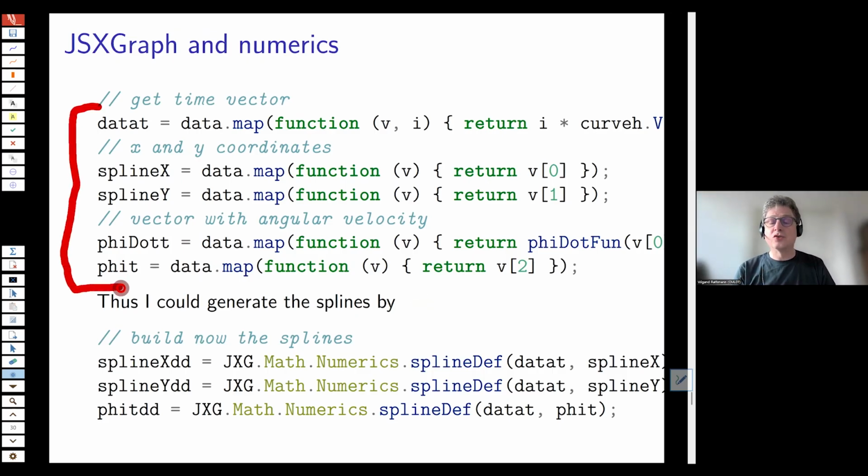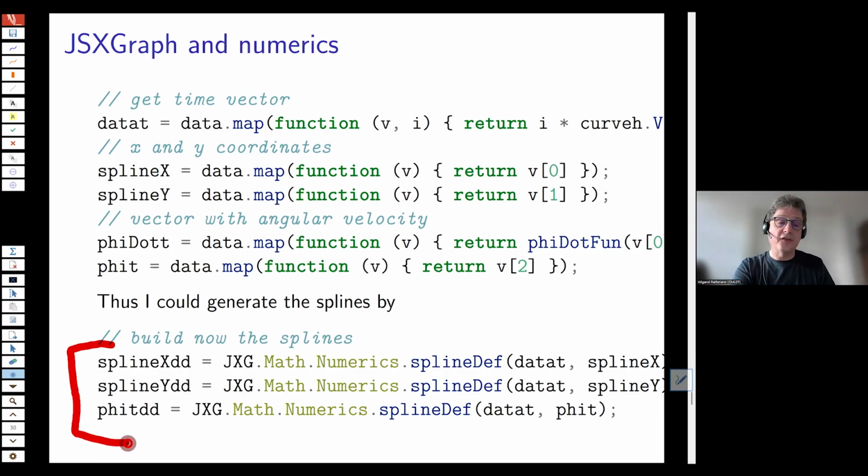Here, I just retrieve in a numerical way the data from the integration, and then I will build up splines. One spline for the x coordinates, one spline for the y coordinates, one spline for the rotational angle phi, and then I will put inside here the t vector with my curve parameter and the solution at several points.